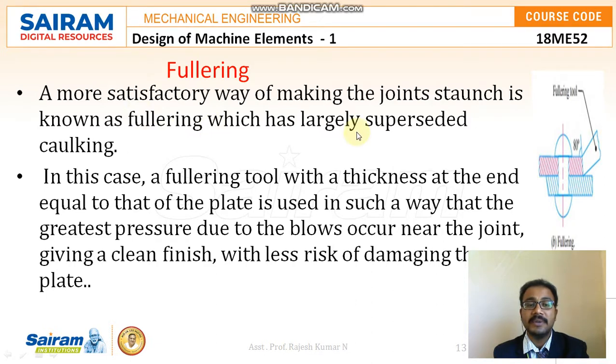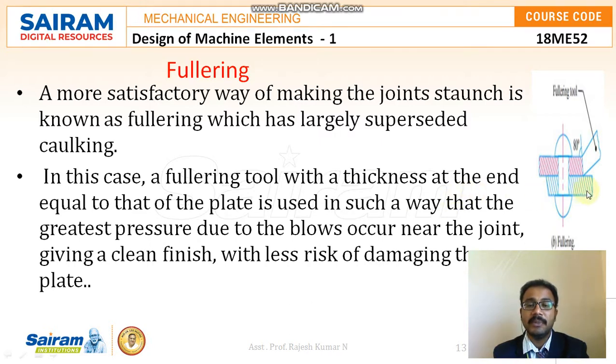In cases where caulking is not satisfactory up to the mark, where there are chances of leakages and other maintenance problems, we can go with the fullering concept.